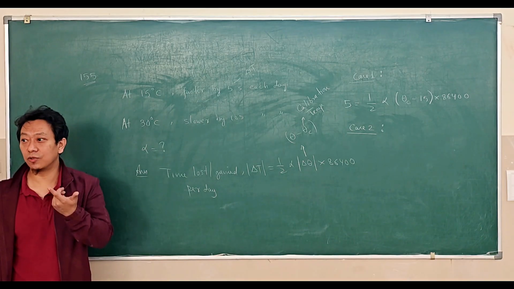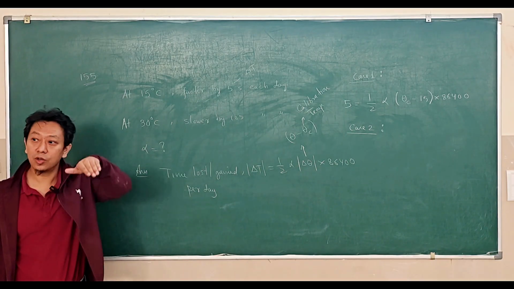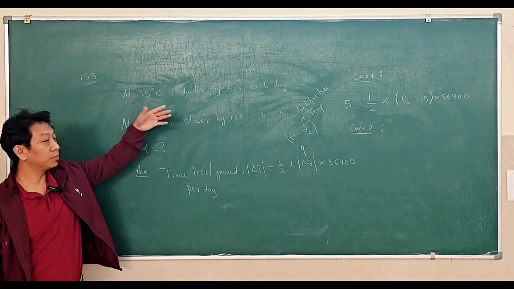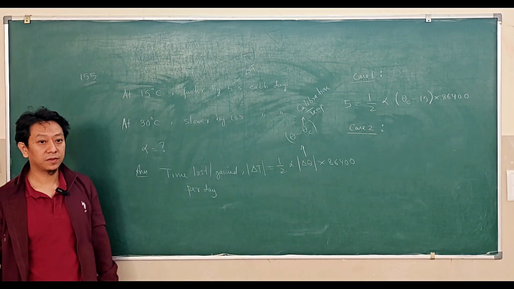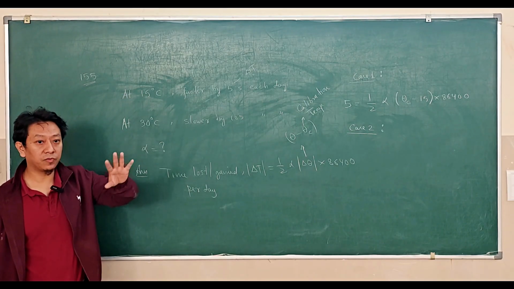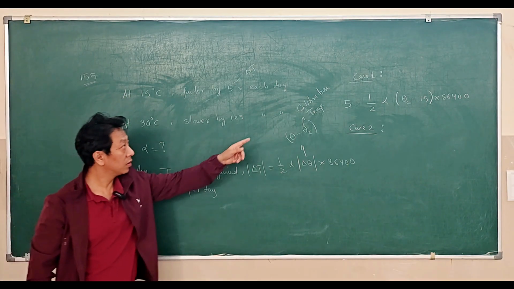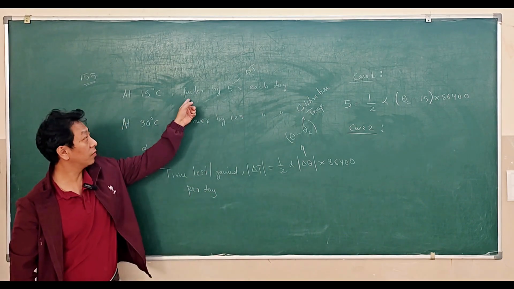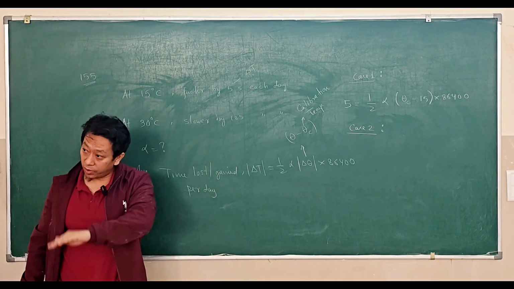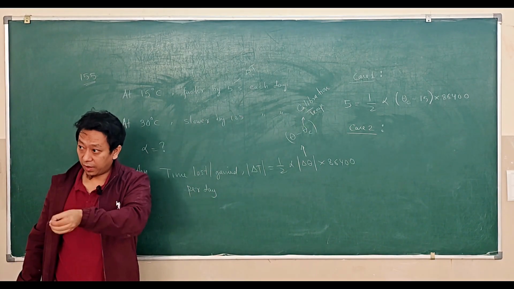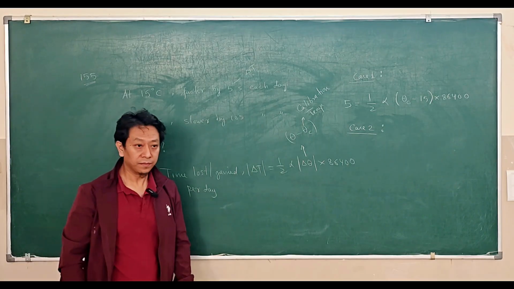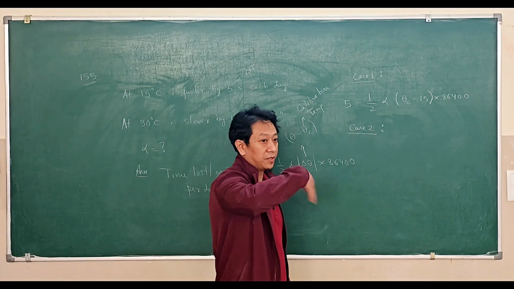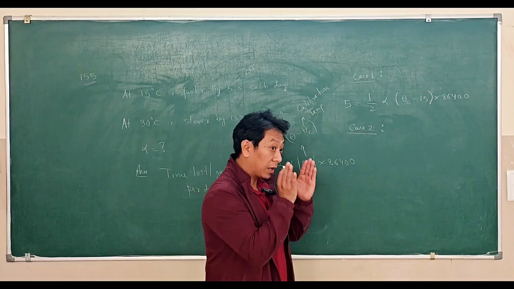So 10 seconds you lost because it is moving slower. Here it is moving faster. So normal clocks will show in one day 24 hours past. This clock will show 24 hours past extra 5 seconds because it is moving fast. Understood? From the correct one.